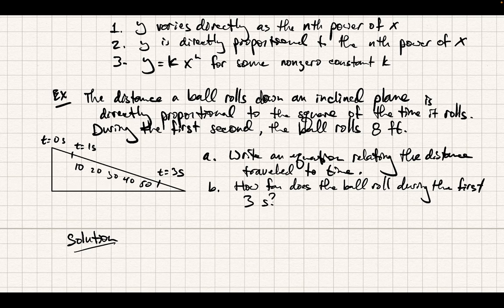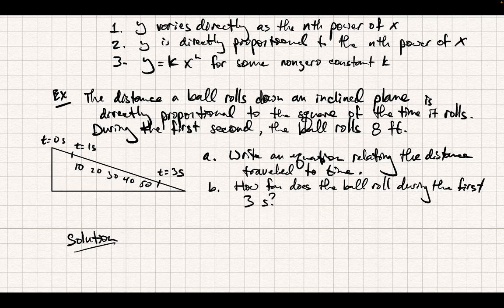So we know that we're gonna use which form of proportionality based on the wording of the question? Direct variation as an nth power.